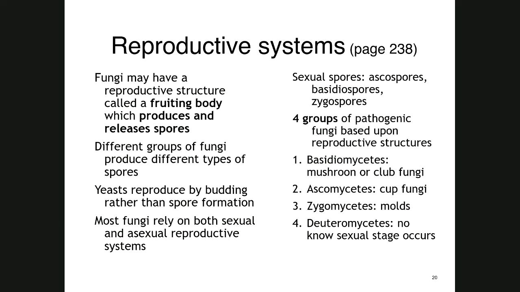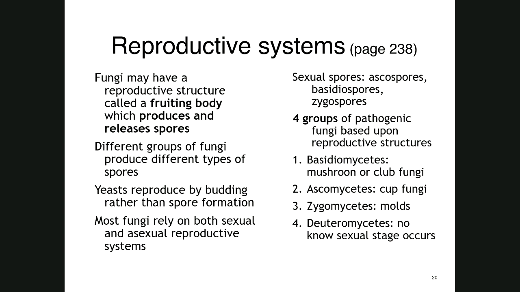And different groups of fungi produce different types of spores. Yeast actually reproduce by budding, a budding system rather than spore formation. And again, most fungi rely on both sexual and asexual reproductive systems. So depending what's present may depend on how they actually will reproduce.